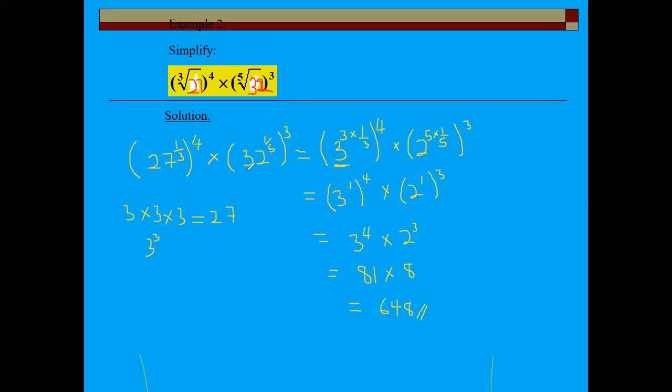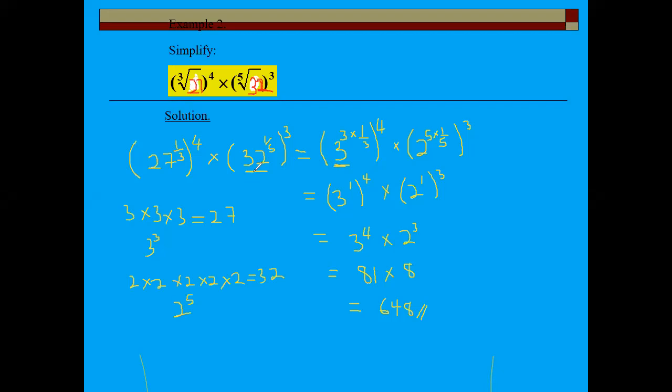Then 32 is 2 times 2 times 2 times 2 times 2, that's 2 raised to the power 5.